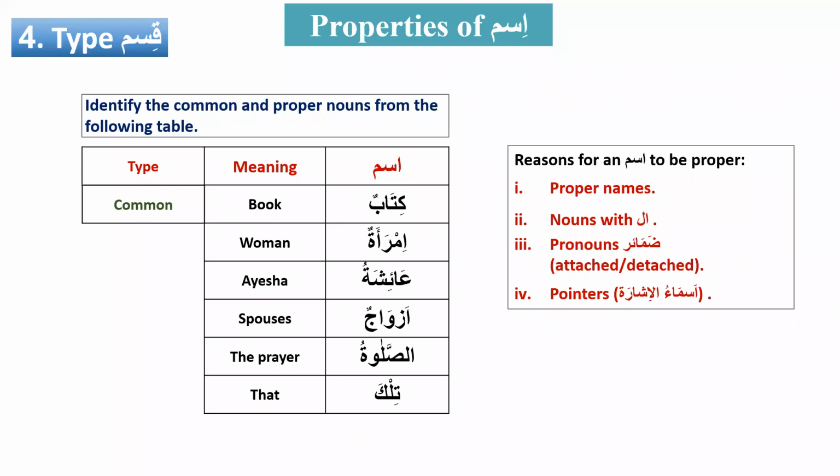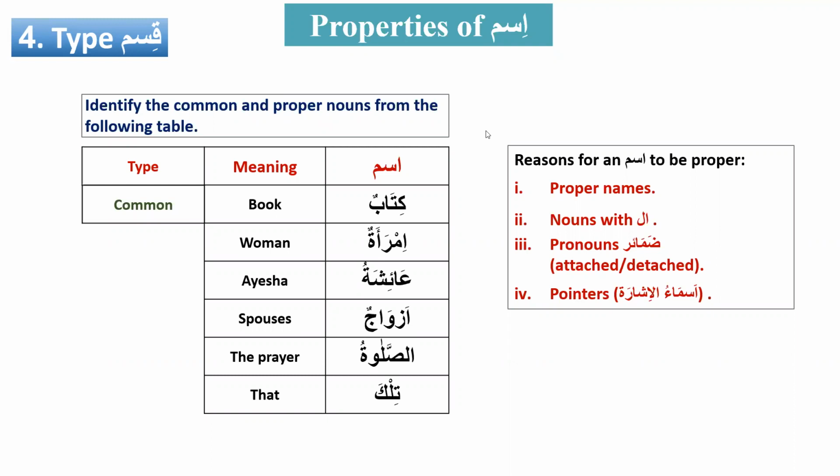I want to say it is a proper noun. Common noun. Because it doesn't fall under any of the 4 reasons. Could be any woman, right? Yeah, not a specific woman. So it's not a proper name.